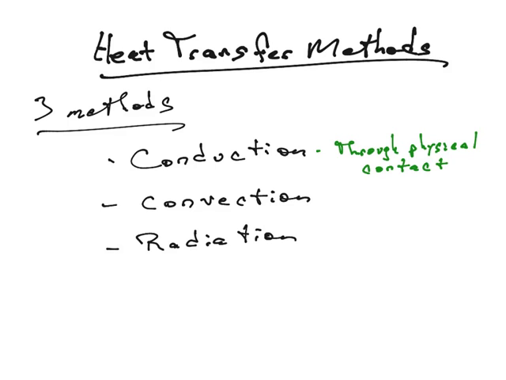Convection. The best way to think about convection is to think about a convection oven. I'm sure many of you have heard of convection ovens, but if you don't know what a convection oven actually is, it's a regular oven that you'd have in your kitchen, but it contains a fan on the inside of the oven, or a series of fans.